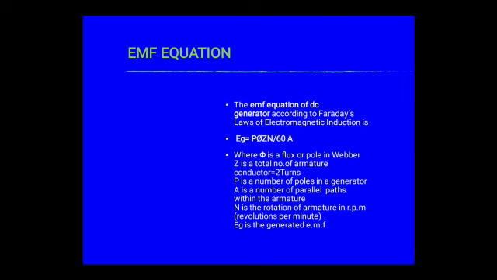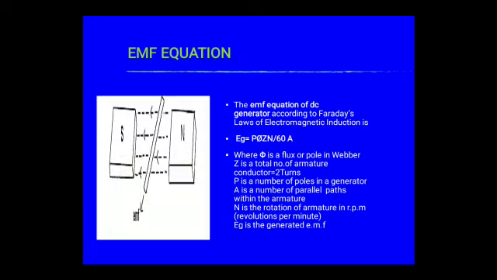What is a parallel path? The conductors present between the two brushes are called the parallel path. And N is the rotation of the armature in revolutions per minute, that is the speed of the generator in RPM, and EG is the generated EMF.